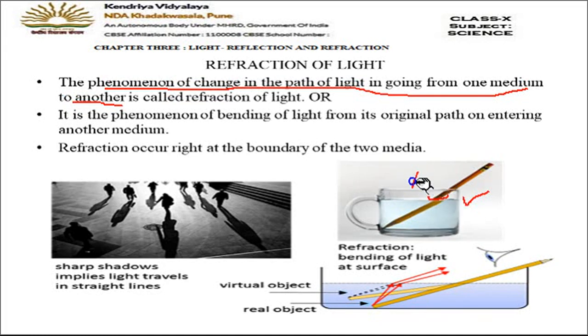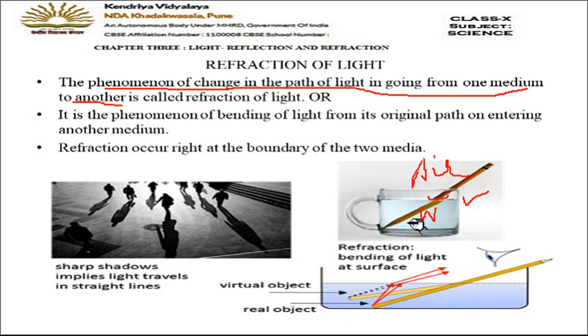Above, the medium is air, and here the medium is water. So the medium is changing, and light is traveling from air to water. Whenever there is a change in the medium, at this surface the light changes its path, and this phenomenon is known as refraction.